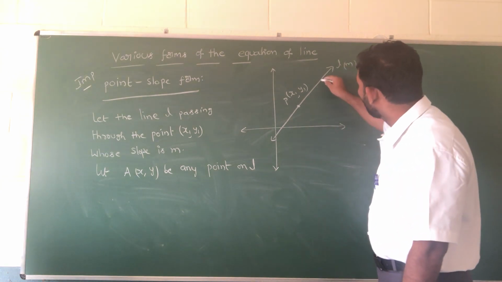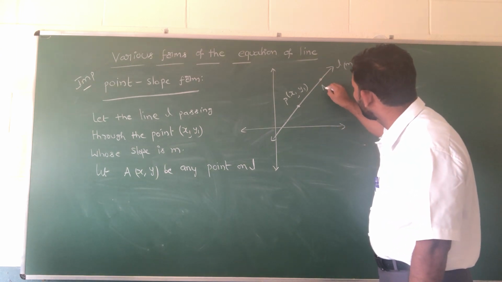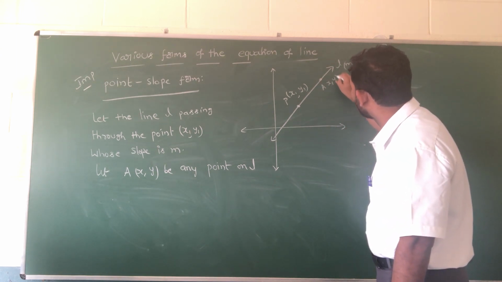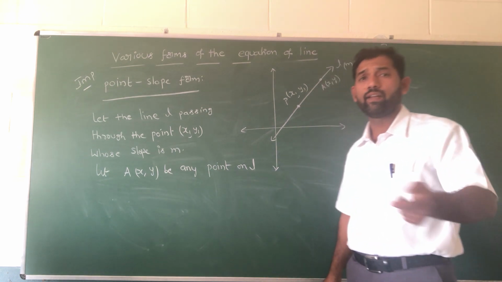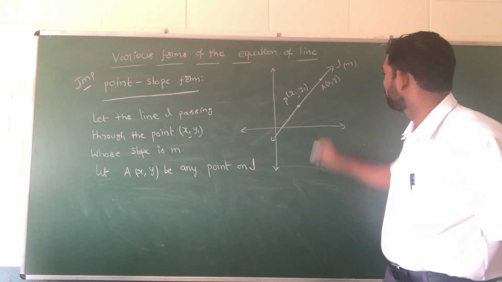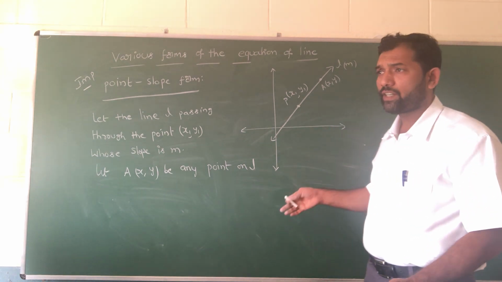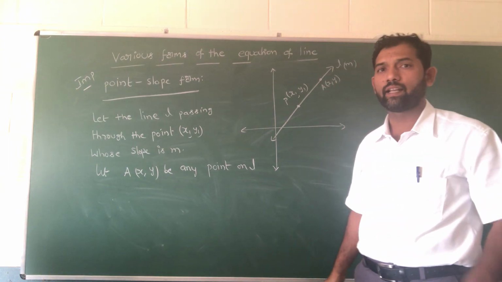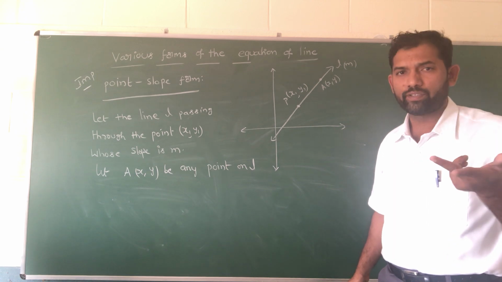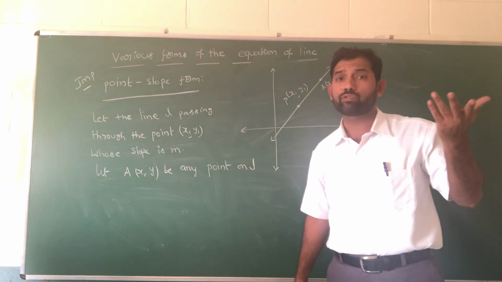That's why I will consider another arbitrary point, (x, y). So on the line, how many points are there? Two points are there. Using two points, you have the slope formula.